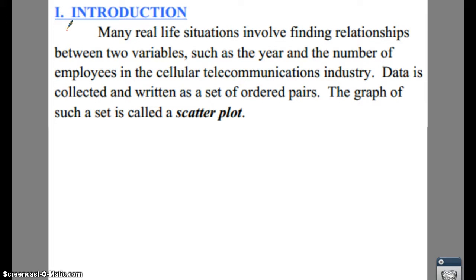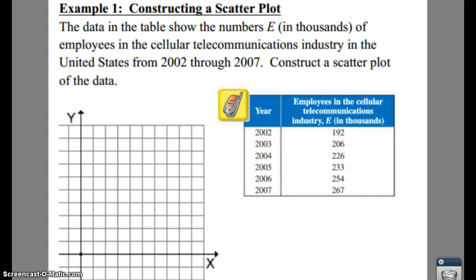So you need to make sure that you have enough people working for your AT&T, Verizon, T-Mobile. Whenever they collect their data, they write them as ordered pairs, and then you graph them in what we call a scatter plot.